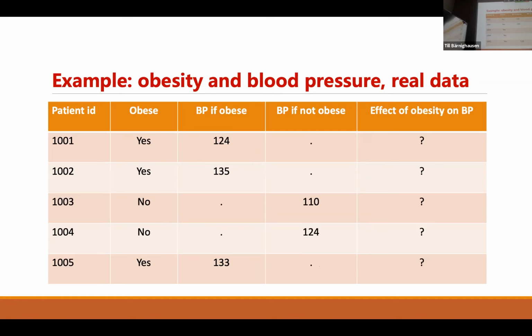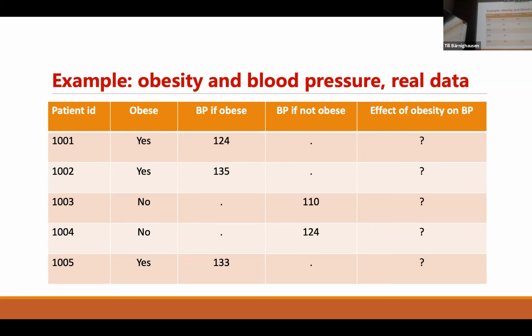For the first person, we know he's obese and his blood pressure level is 124. But we cannot observe the counterfactual scenario where he is not obese. This situation exists for all the other individuals in the data set. So it makes the question very difficult for us to solve.